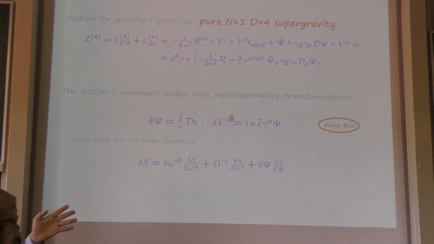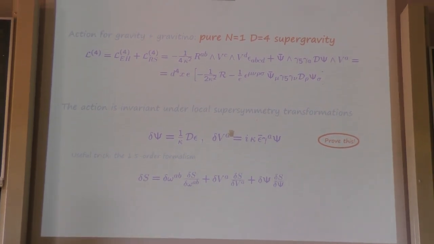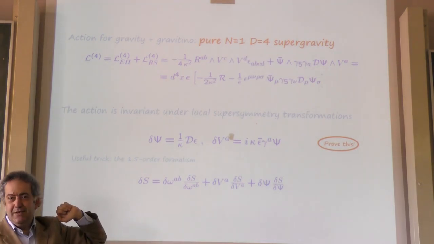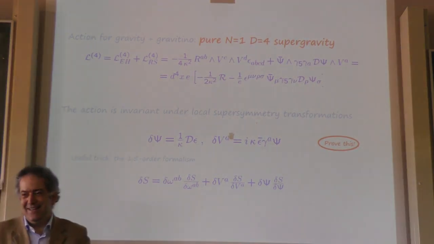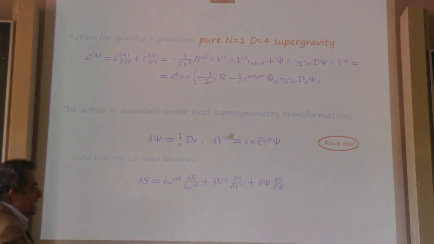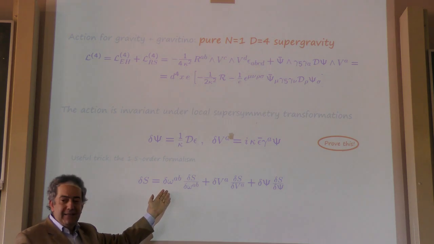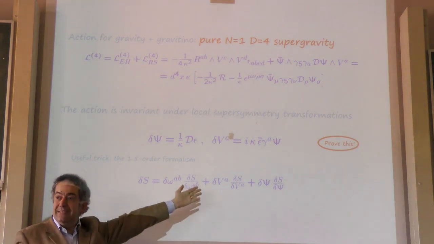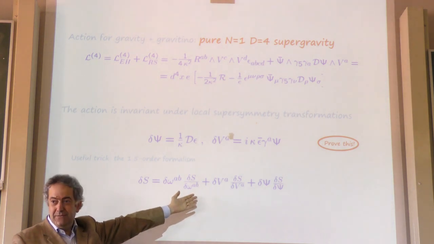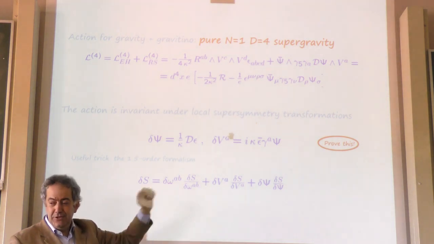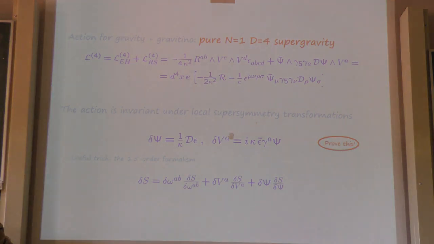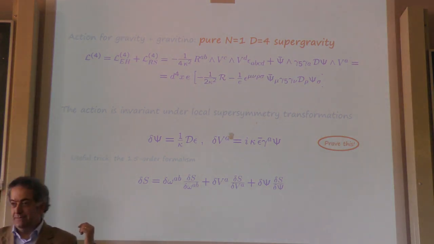Now there is another formula called the 1.5 order formalism, which is a shortcut. It's a trick, but a useful trick. You vary the Lagrangian with respect to all the three fields as if they were independent, but after performing the variation, you replace omega AB by the solution of its equation.